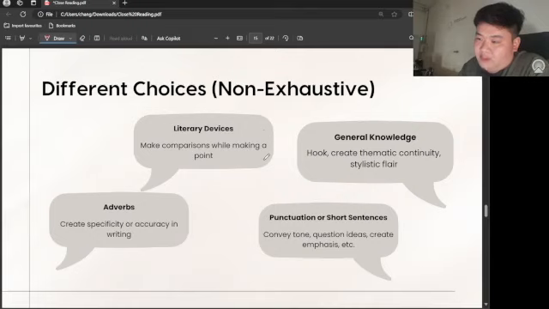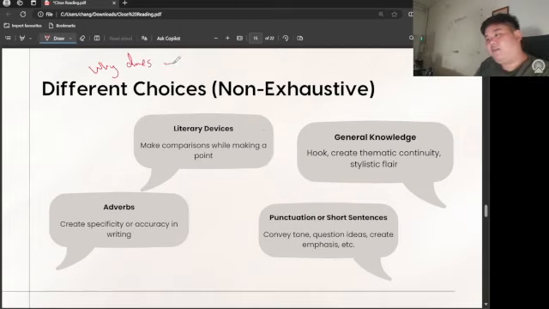So there are some examples here. Okay, and keep in mind that this is a non-exhaustive list. That means there are many other things to which we can apply the question of why does the author, or authors, make this choice.